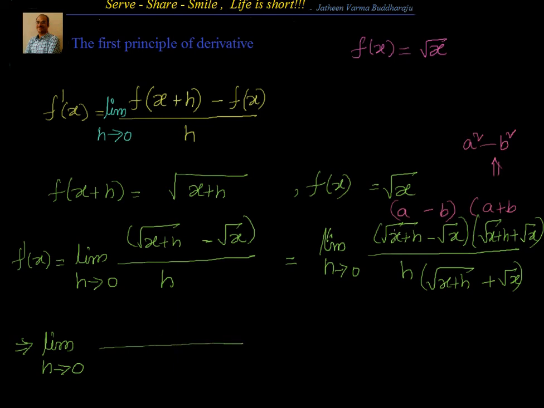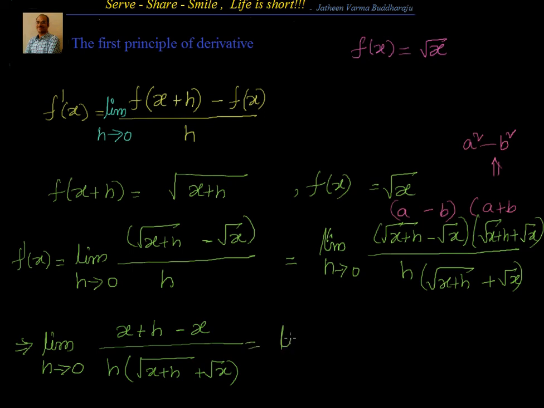A square is x plus h, minus b square is x, divided by h into (square root of x plus h plus root x).